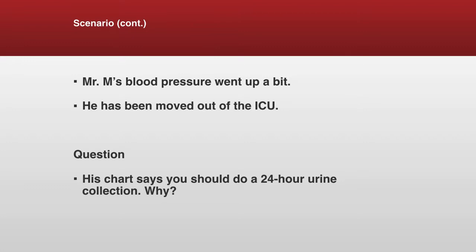We've also given him epinephrine. We've given him a lot of things that may affect the function of his kidneys. So we're going to watch his kidneys and look at various aspects of his kidney function.